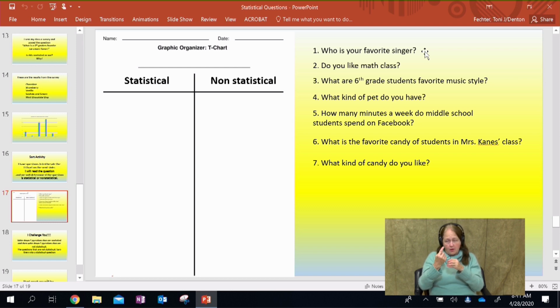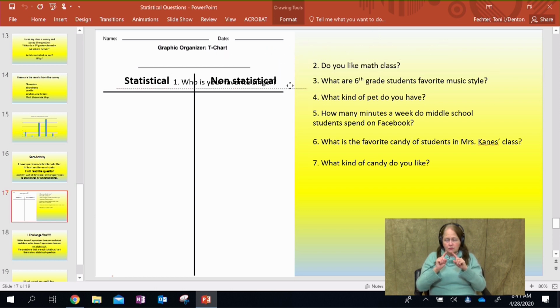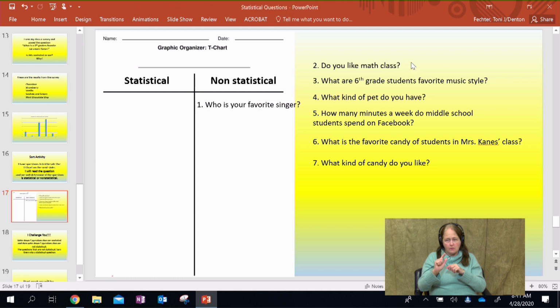Now, if I asked a group of people who is your favorite singer, I could change that into a statistical question. Who is the sixth grader's favorite singer? I'm going to get a variety of answers then. On this one, however, I do not get a variety of answers. Therefore, it is non-statistical.